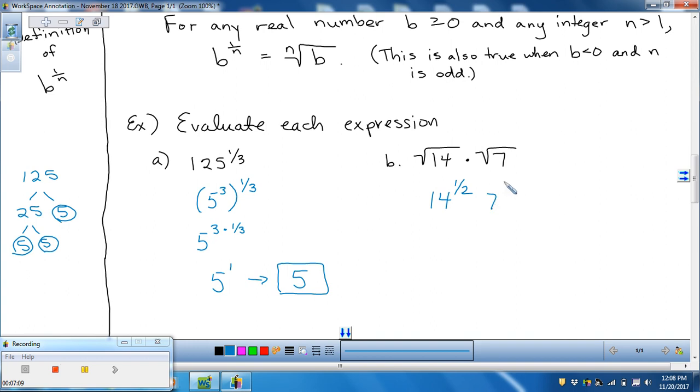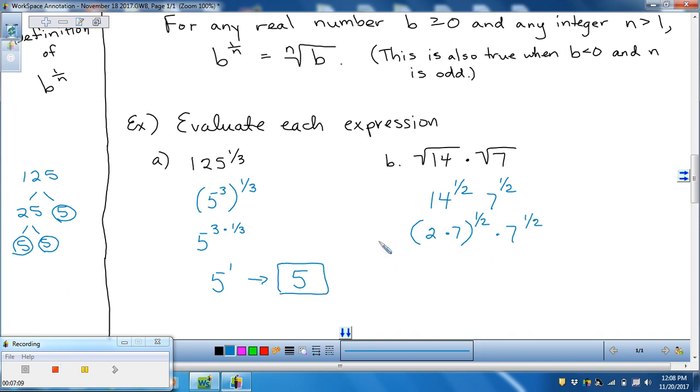Square root of 7 is also 7 to the 1/2 power. Now that I have it written that way, I'm going to break down 14 into its components. 14 is 2 times 7, being raised to the 1/2 power. And then we still have our 7 to the 1/2 power.